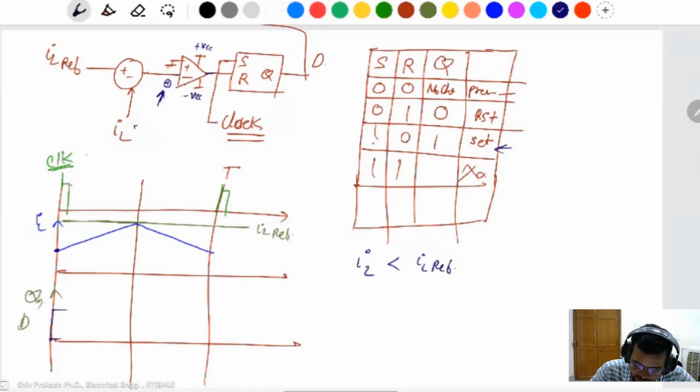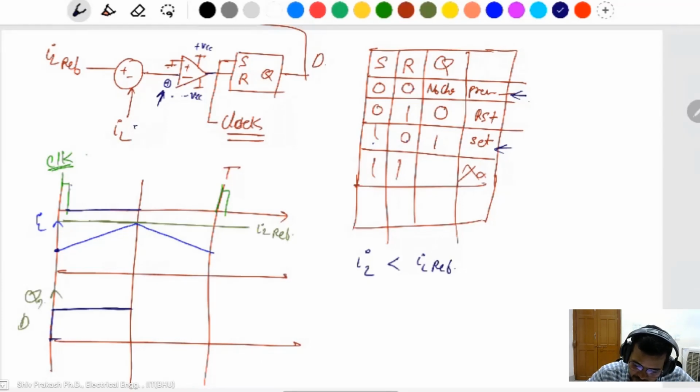Q is high, and Q stays high with the previous value. R is 0 because of the negative value of this one. Set is high only one time because the clock is high. If the clock is 0 for the remaining time, the previous value is maintained till the next state. So the duty cycle is maintained high here.